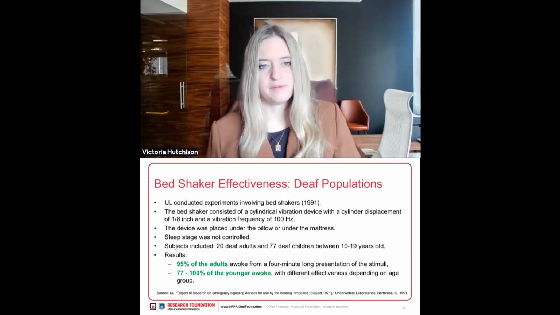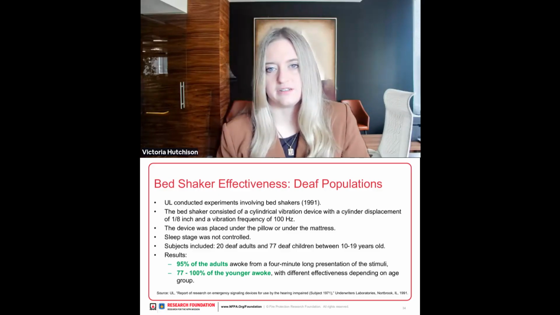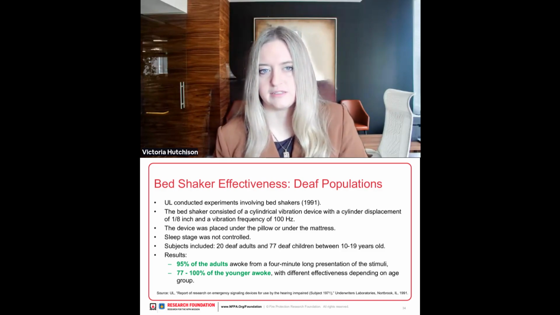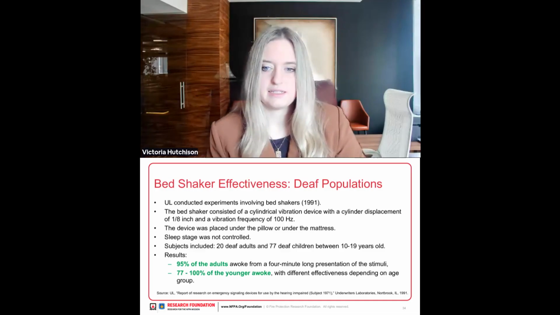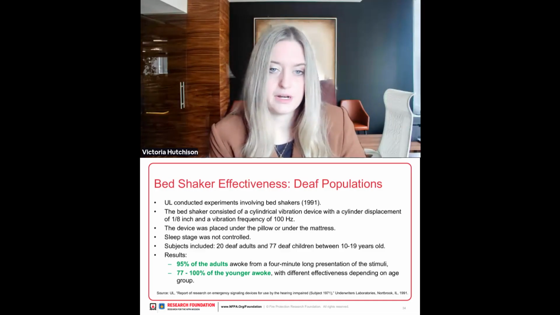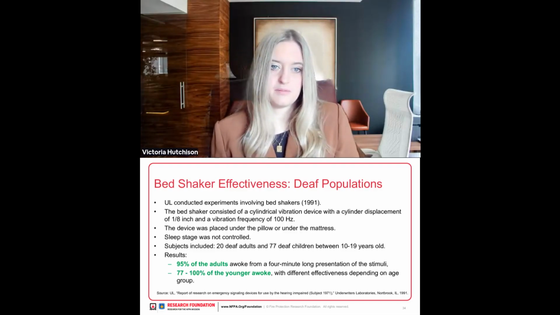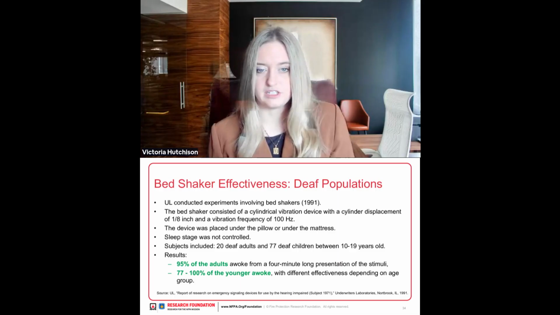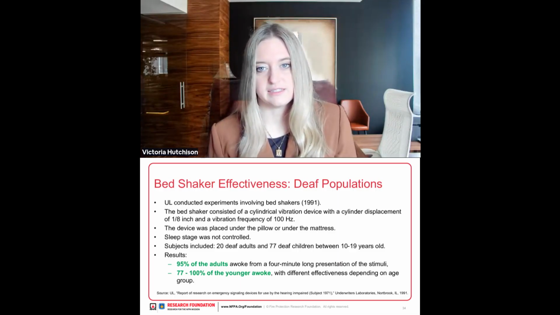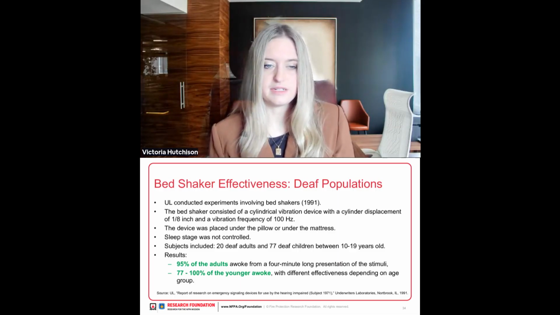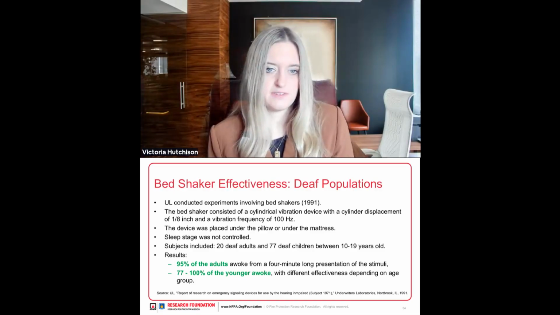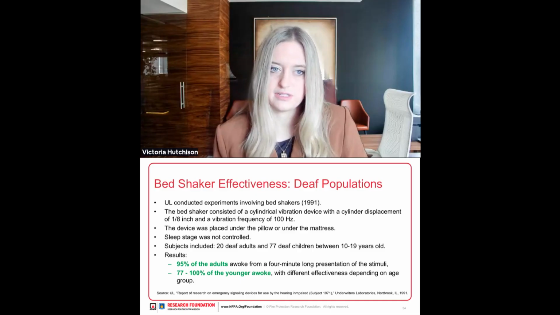There is quite a bit of work that's been done on bed shakers, particularly for deaf populations. Starting with one of the studies conducted by UL quite a while back. This involved bed shakers, essentially a cylindrical vibration device with a cylinder displacement of about 1/8 of an inch and a vibration frequency of about 100 hertz.